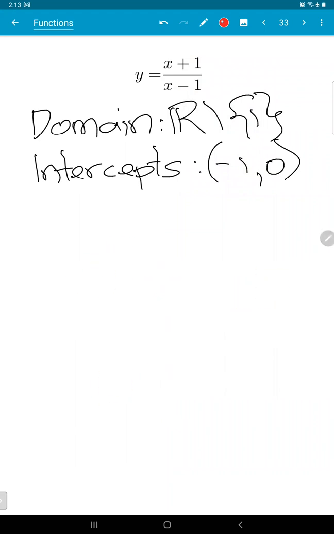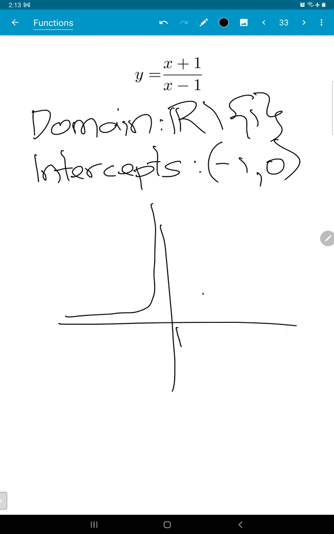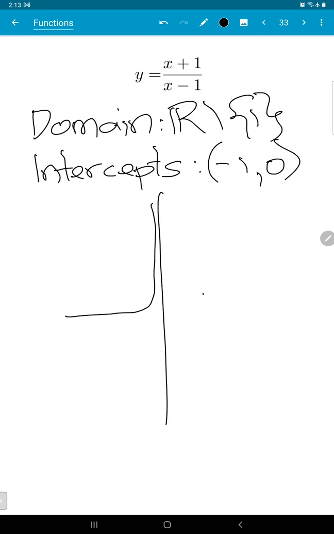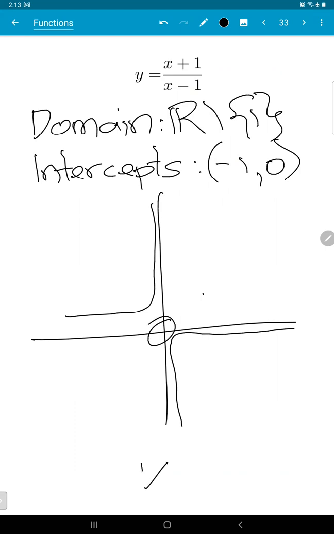And also, it's possible that there's no y-intercept at all if we're dealing with rational functions where there are values where it is undefined. Particularly if the rational function is undefined at the origin, or at x equals 0, so that it has no y value there, then there will be no y-intercept.